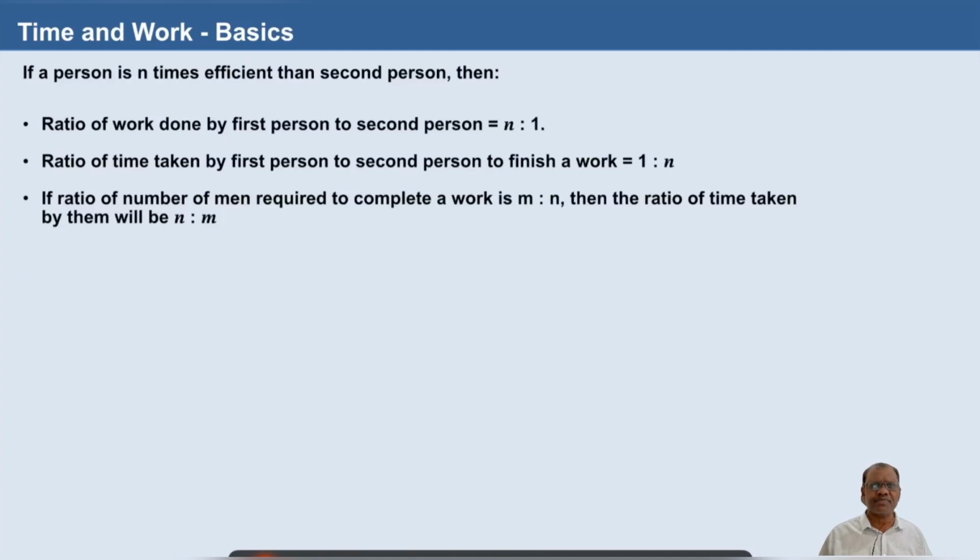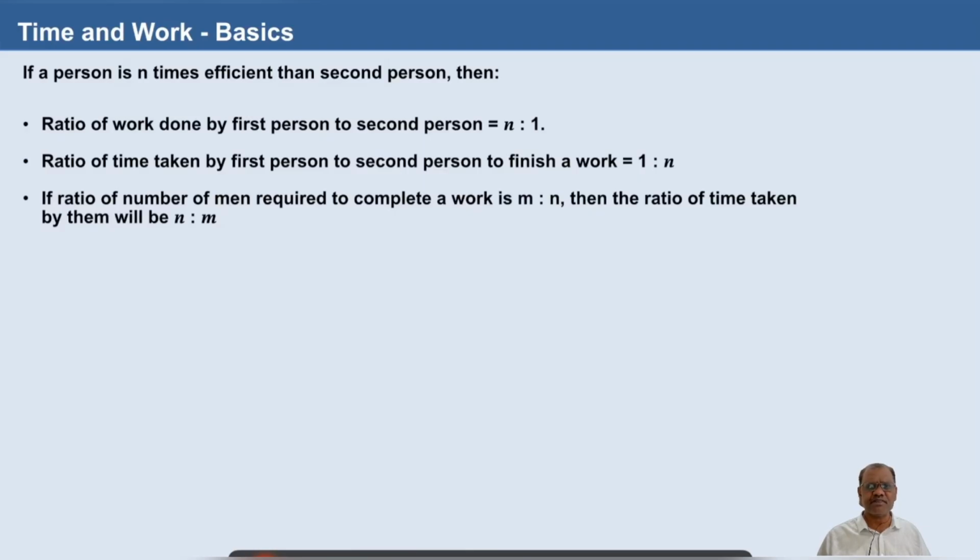Next, if a person is n times as efficient as the second person, then the ratio of work done by the first person to the second person is n is to 1. The ratio of time taken by the first person to the second person to finish a work is 1 is to n, because time is inversely proportional to efficiency.